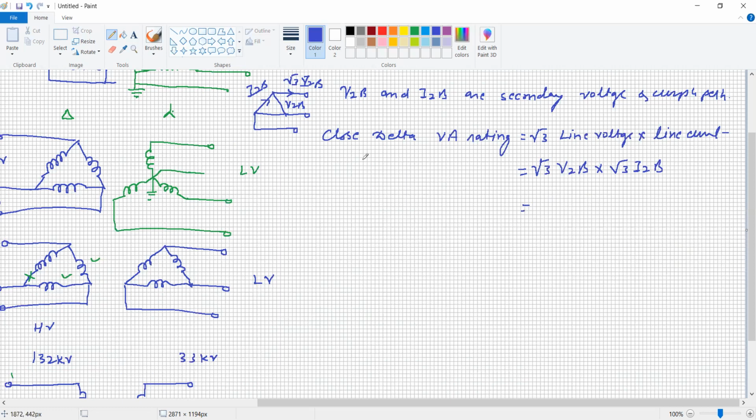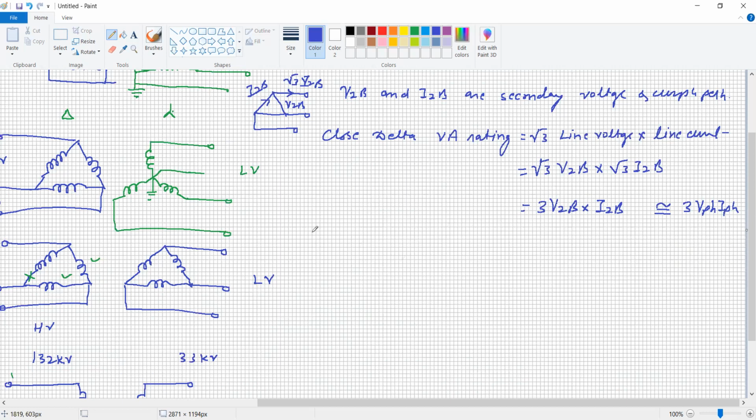So in a healthy, closed delta condition, it is 3 V2B into I2B. It is just similar to 3 V phase into I phase. For a single phase transformer, VA rating is equal to voltage multiplied by current. For three phase, multiply by 3, with the phase voltage and phase current.